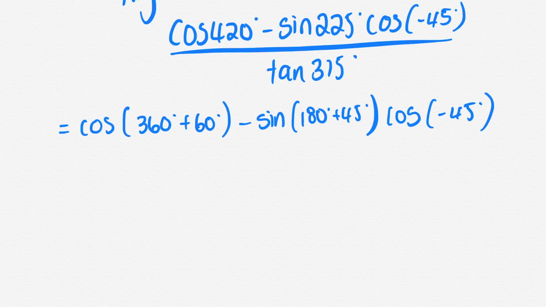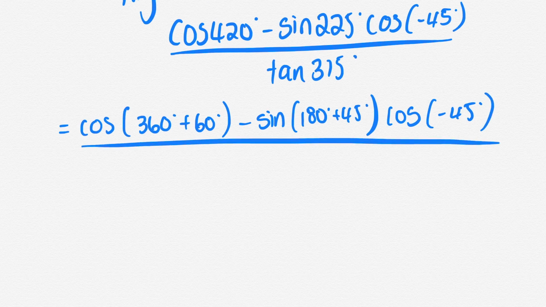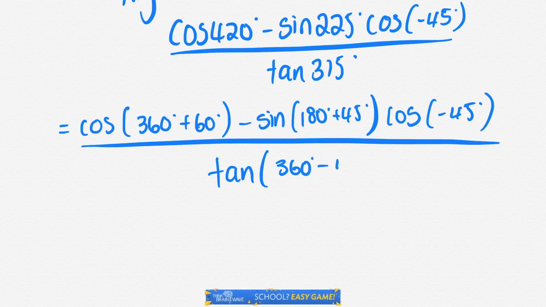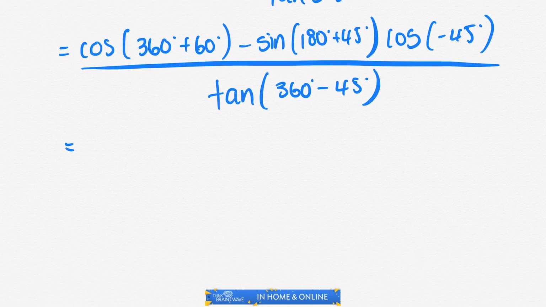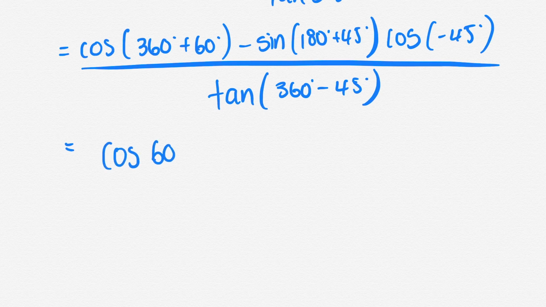We now do tan on the bottom. We say tan of 360 degrees minus 45 degrees. Alright, now that we've done our expansion, let's get rid of our obtuse angles and sit with our acute.